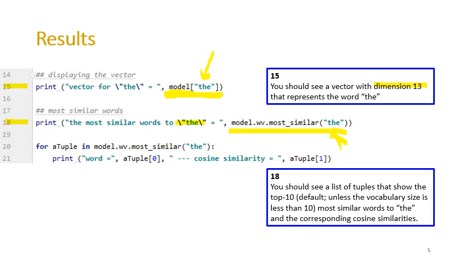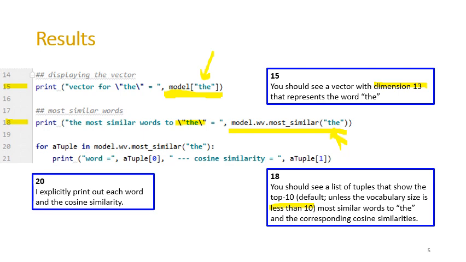The higher the cosine similarity, the more similar a pair of words is. But if your vocabulary size is less than 10, and I think in this example I have less than 10 words, then it will give you fewer than 10 most similar words. But the default is that it will return the top 10 most similar words and the cosine similarity.